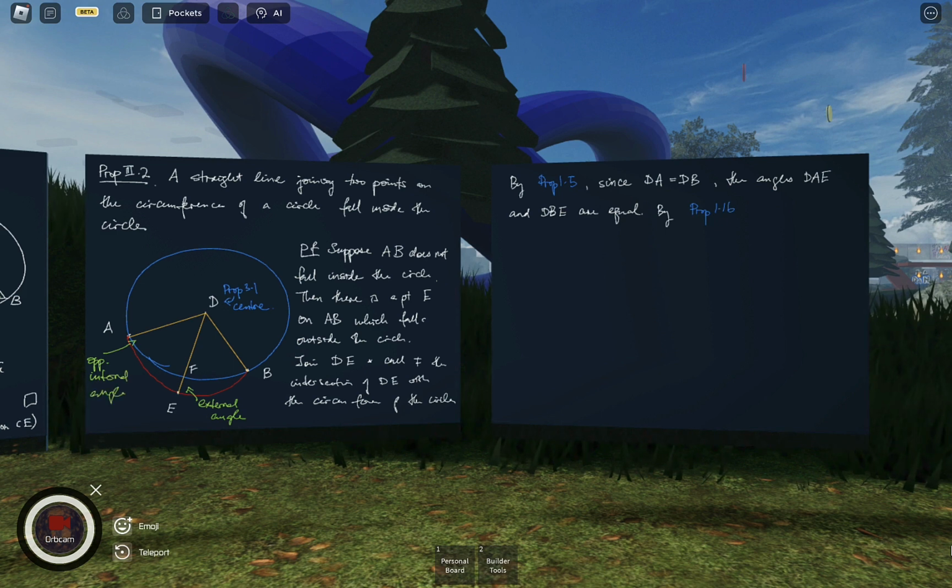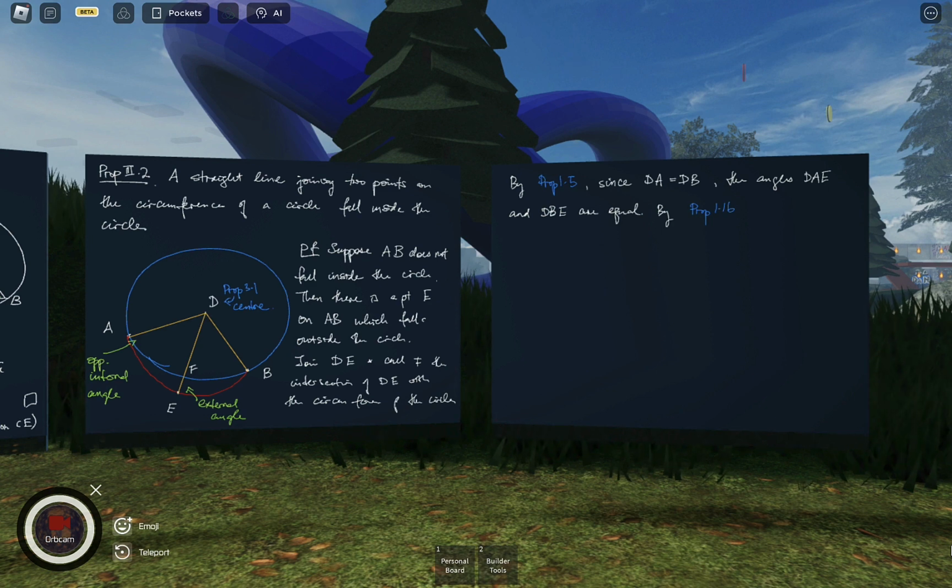You're going to have to pretend that that red line is straight and that DAEB is actually a triangle. And the conclusion of 1.16 is that DEB, which is this external angle, is larger than the opposite internal angle, which is DAE.